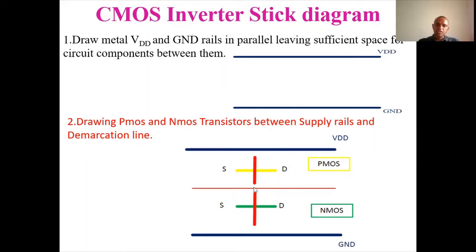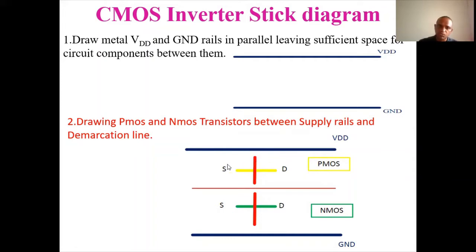Okay, here PMOS and NMOS will be formed. You can observe here that the yellow color represents the P diffusion, and this red line represents the polysilicon. Whenever polysilicon crosses the diffusion, here the P diffusion, a PMOS transistor is formed. One side of this P diffusion I will take as source and the other side as drain, and this one is the gate, that is the polysilicon gate.